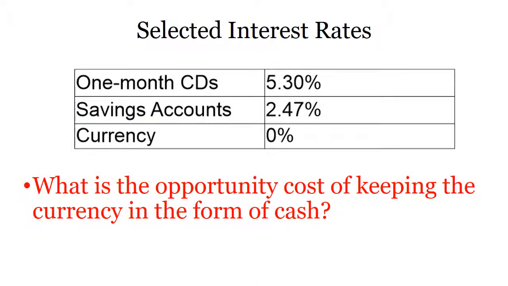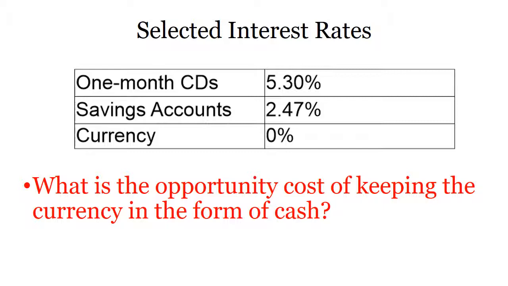Now, it's one thing to speak about opportunity costs in vague terms, in terms of, well, the opportunity cost of money is the money that you could be earning if it was in the bank. Well, we can actually figure out the specific opportunity cost. Now, looking at this table, we have a table of selected interest rates. 1 month CDs are 5.3%, savings accounts are 2.4%, holding your money in the form of currency, so taking all of it out of the bank and putting it in your wallet, you would earn 0%.